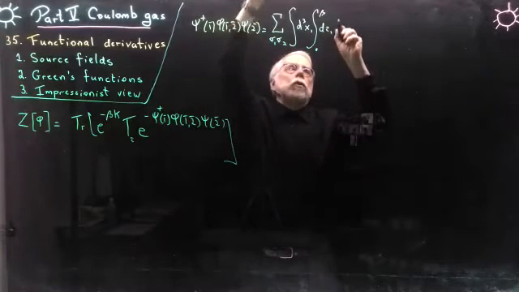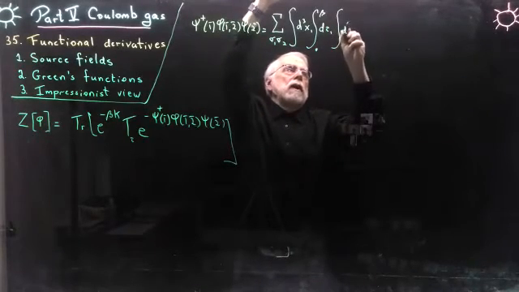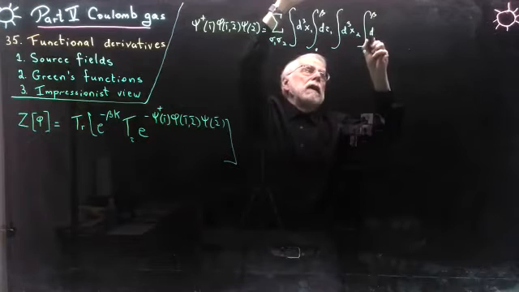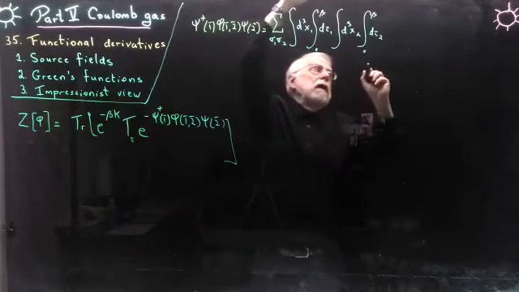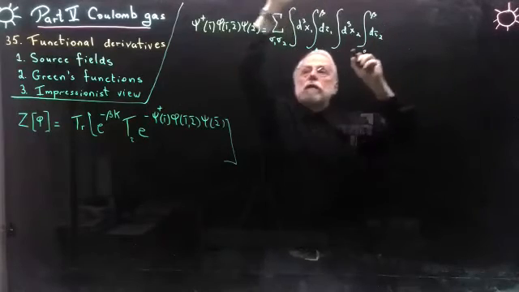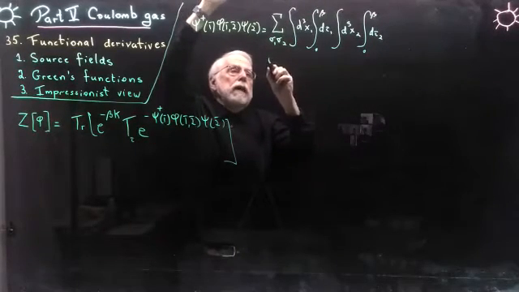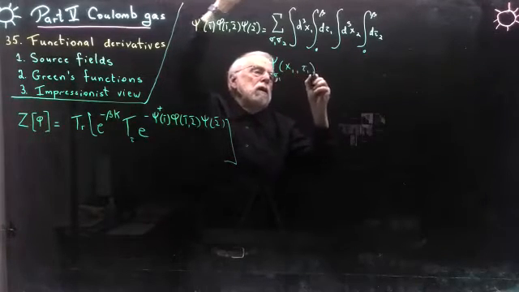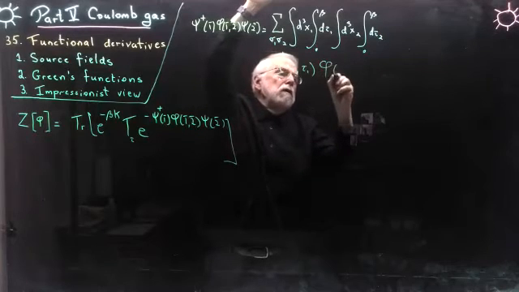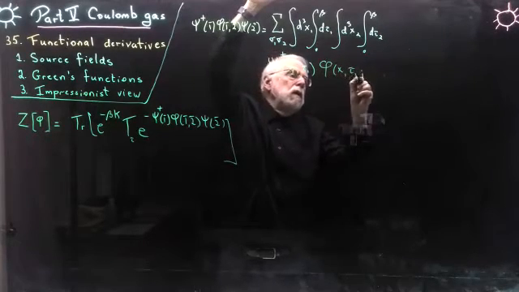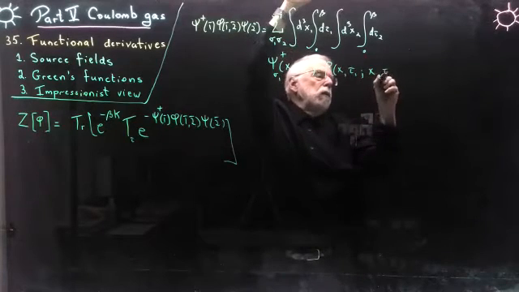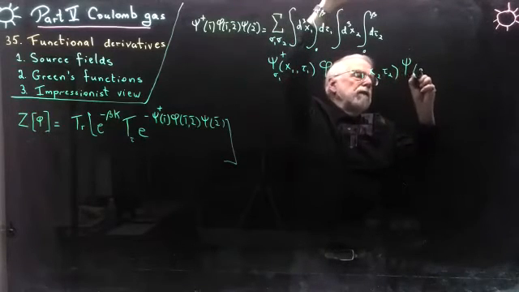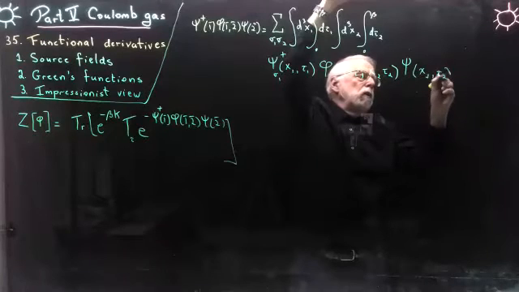And then the same thing for 2: the integral d cube x2, integral from 0 to beta d tau 2. And now I have psi of sigma 1 x1 tau 1 dagger, phi of x1 tau 1, x2 tau 2, times psi of x2 tau 2.